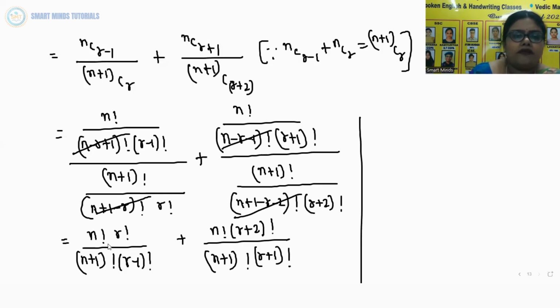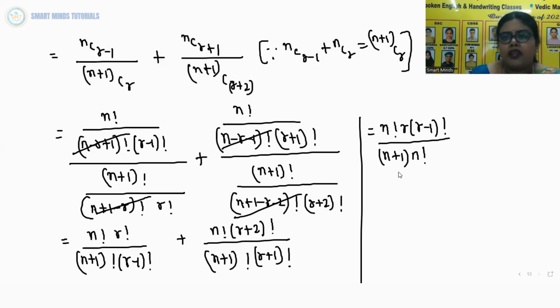Now how can I simplify this further? See, from n and n+1, n+1 is greater, so I am writing n! as it is. Now in r and r-1, r is greater, so we write r (r-1)! / ((n+1) n!) (r-1)!. The bigger number we are reducing, the smaller we are writing as it is. Plus, now n! and (n+1)!, which is greater? n+1 is greater.